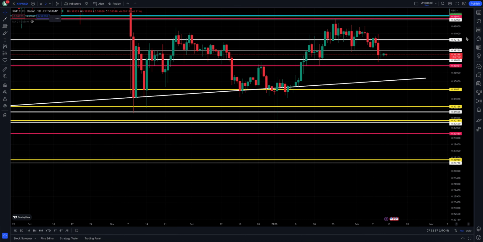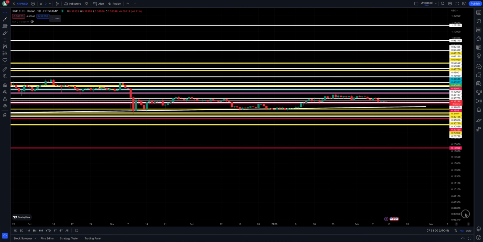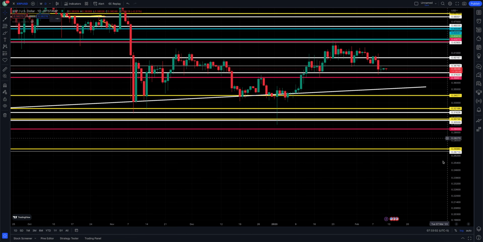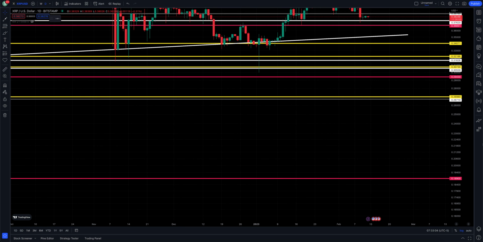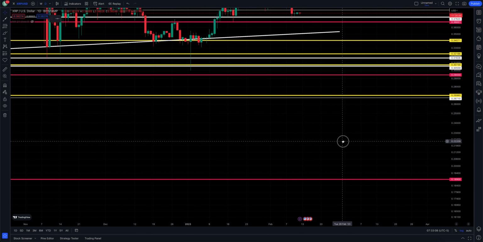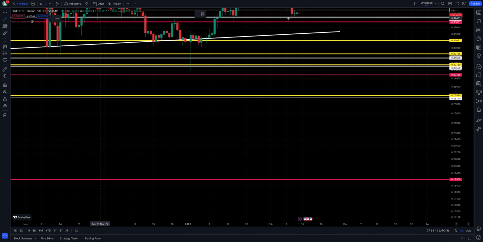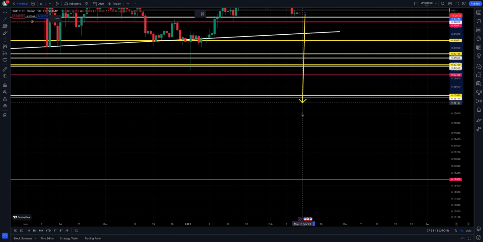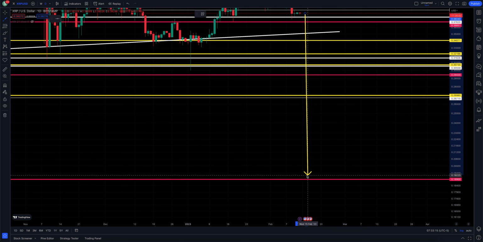So we do have, where is it at? I think it's way down here. We do have a crazy, crazy low target, guys, at 18 cents for XRP.